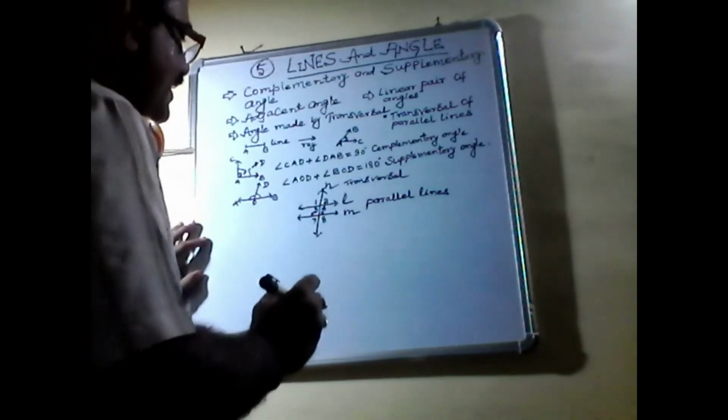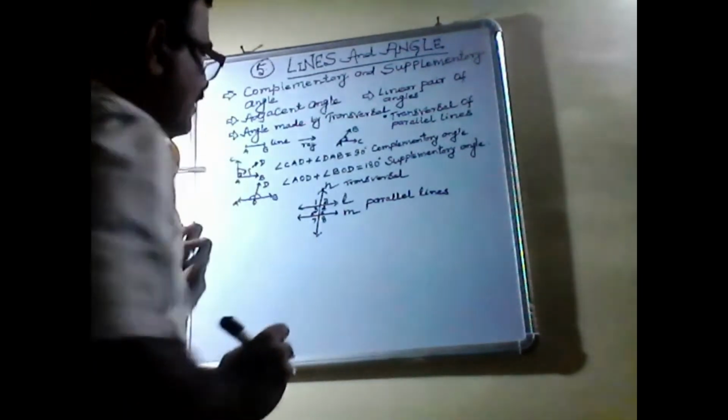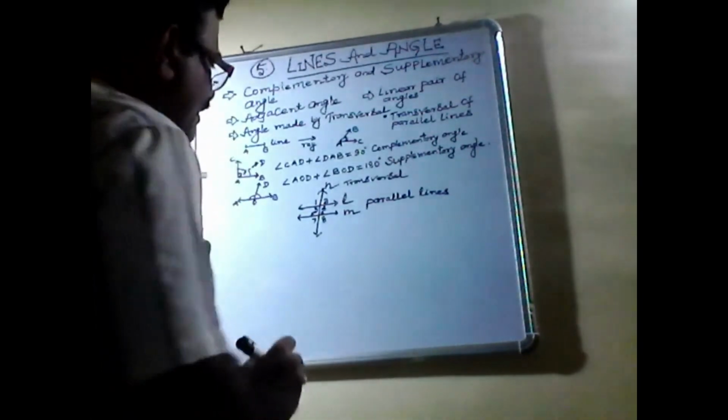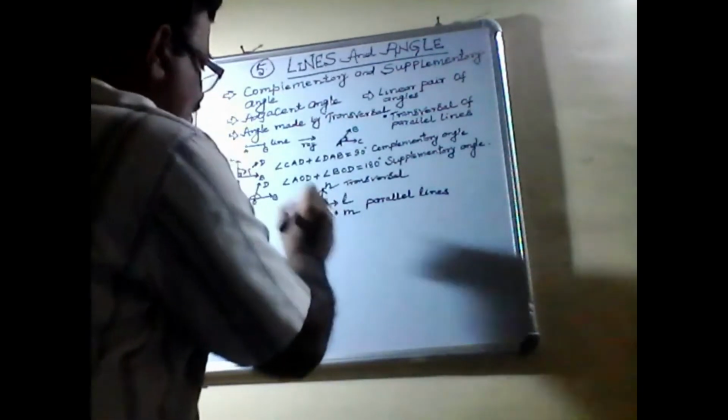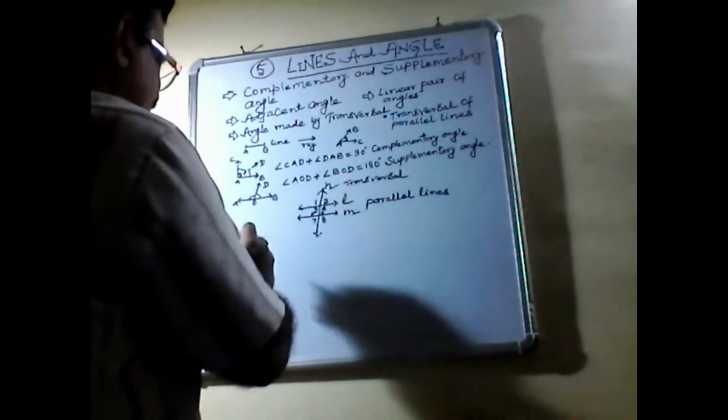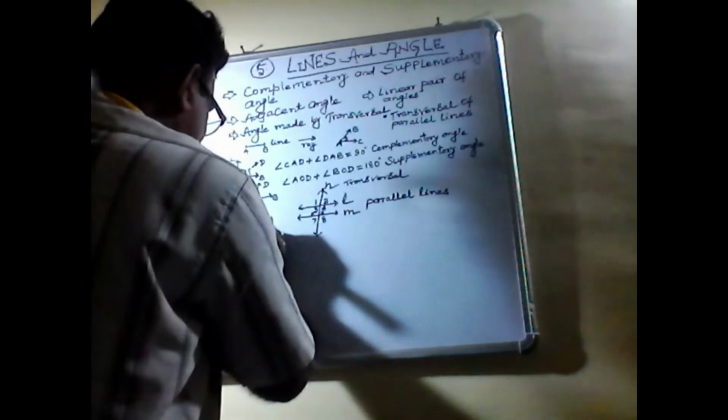So you can say that there are two kinds of angles. First is the corresponding angles, another is the vertically opposite angles. One example you can take.